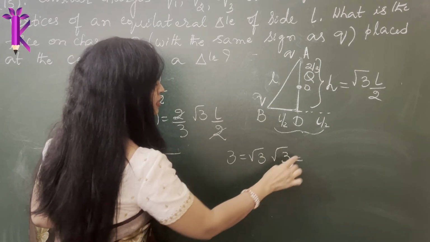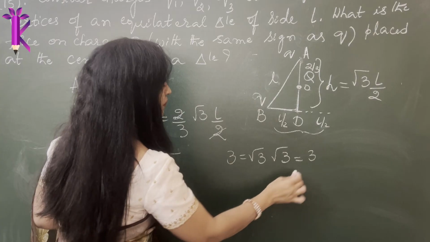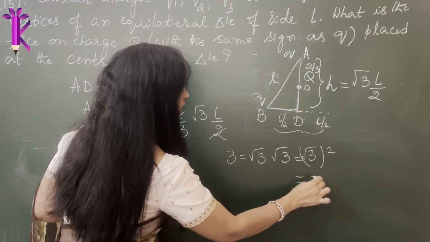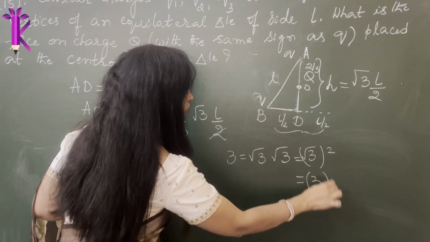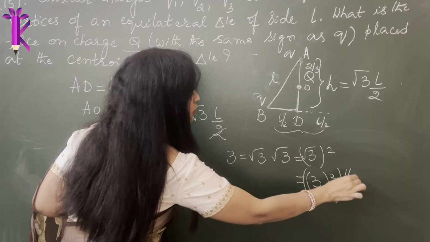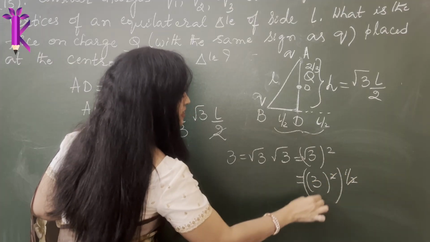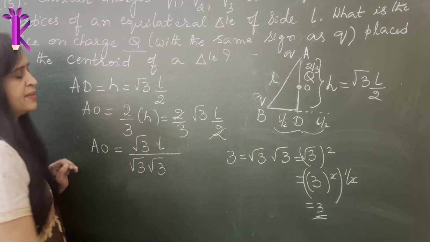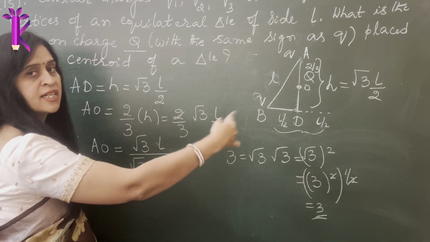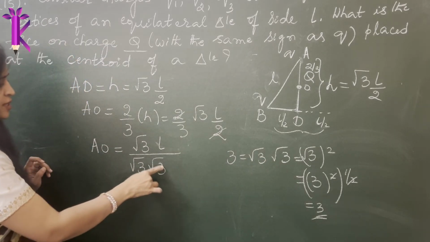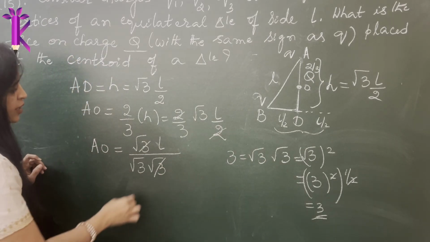That is because square root of 3 the whole square is nothing but 3 whole square to the power of root. Square root can be written as half. This gets cancelled, so you end up with 3 only. So always remember, a whole number can be written as square root multiplied by square root of the same number. So this root and square root get cancelled.